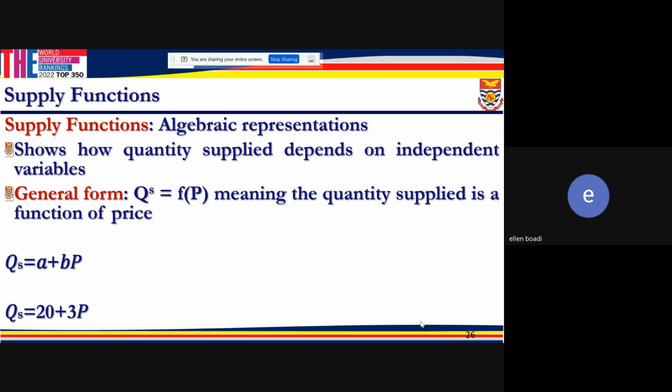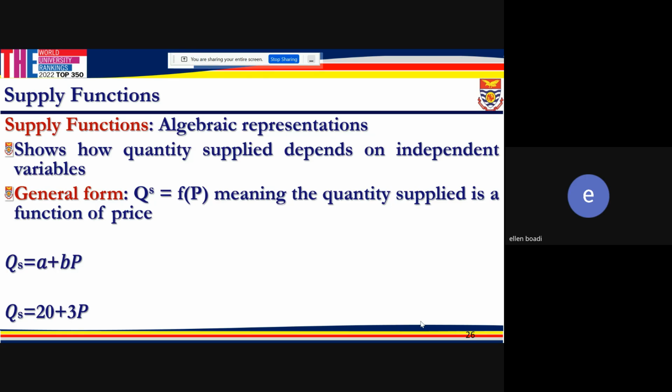When you add up or quantify the quantity based on all the other factors, it will give you the autonomous demand. So it is the quantity demanded that doesn't depend on price, but is influenced by other factors like income and risk, and they sum up to give us autonomous demand.